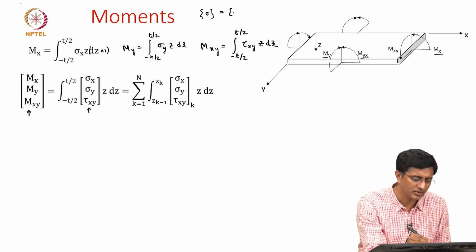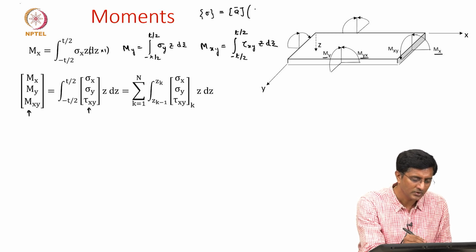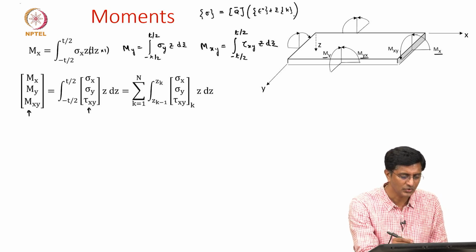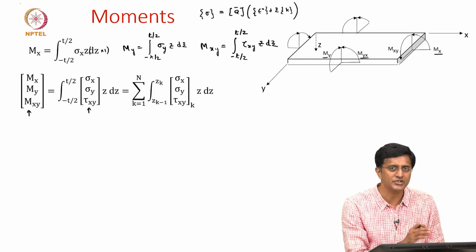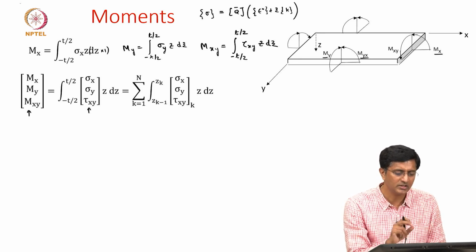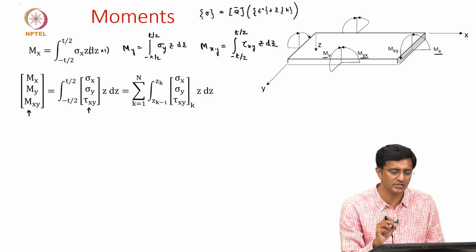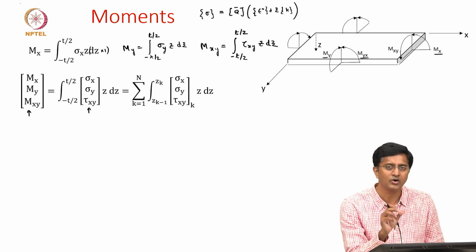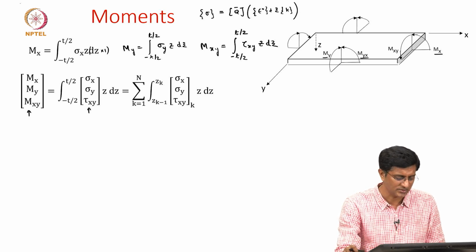So once we have it, now we will again recall that stresses are written in terms of the transformed stiffness matrix Q bar times the mid surface strains epsilon naught plus z times the curvature vector. So once I plug in here and make the same observations we made in the previous slide, saying that the stiffness matrix is constant within a layer but changes for each layer, whereas these mid surface strains and curvatures are not a function of z, then we can make some simplifications.